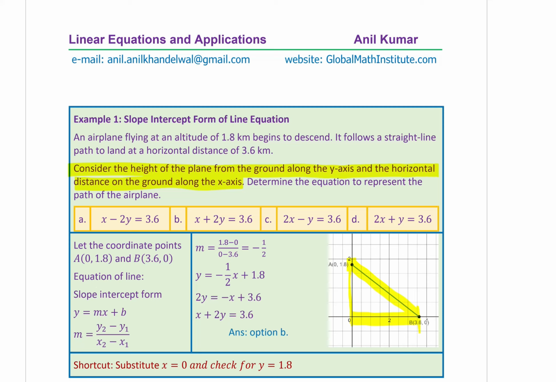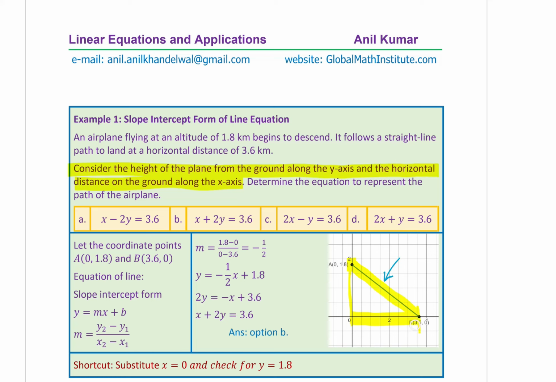So we have to provide the equation of this particular line. As we discussed many different formulas, you could adopt any one of those. Intercept form is probably the best, but we'll begin with the slope and intercept form. In this case, we know the y-intercept is given to us, which is 1.8.